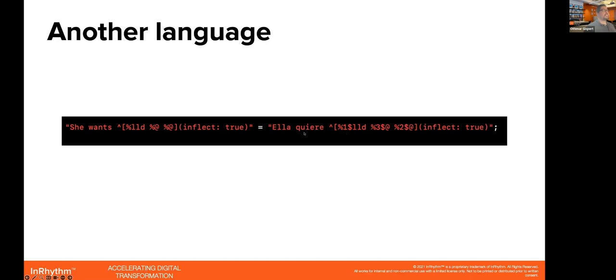But the difference is that in Spanish, you can assign orders. So you will say that you want the noun to appear in the second position and the adjective to appear in the third position, right? So the inflection rule does everything else. You don't have to do anything else.